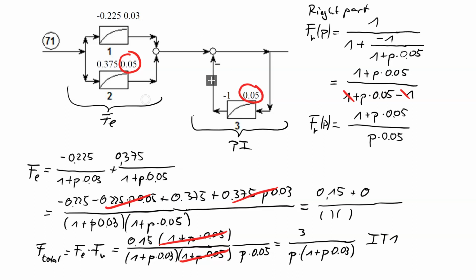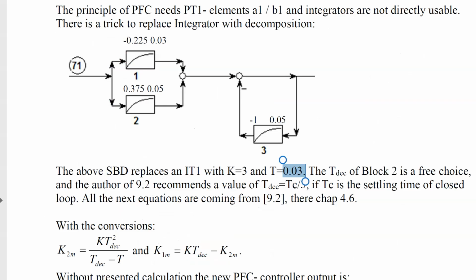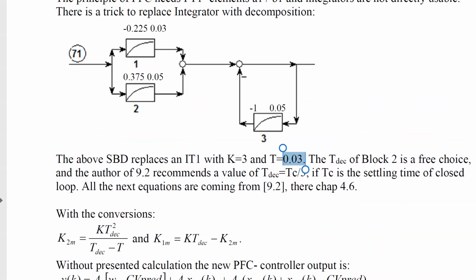Yeah, this is the step you can find now in my paper. In the paper you can see what happens. First we have a free choice.